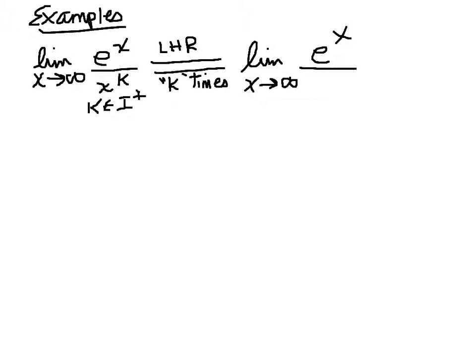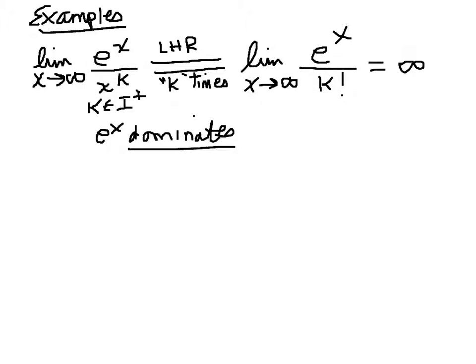But if you take the derivative of x to the k k times, you're going to get k factorial. And so what we have is something of the form infinity over a number, even though that number is really big, and this is infinity. And so what this shows is that e to the x dominates, is bigger than any polynomial at infinity. And that is an idea I think that's come up a couple of times, and now this is why it works.